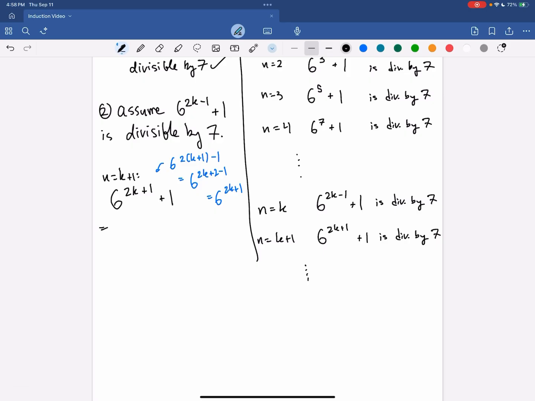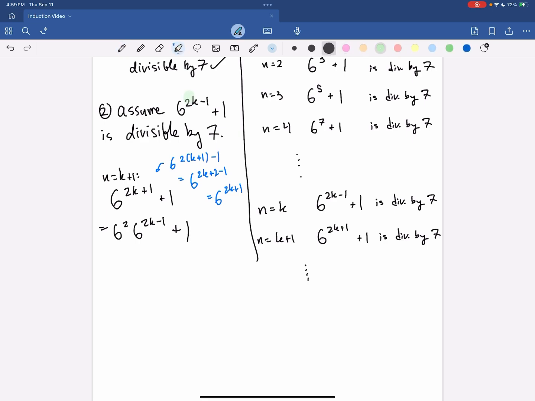Okay, so we want to get our assumption to show up. And so what we'll do is we'll factor out 6 squared because by exponent laws, that will reduce the exponent of 6 enough to get back to 2k minus 1. So here we now have 6 squared times 6 to the 2k minus 1, and then still that plus 1 on the outside.